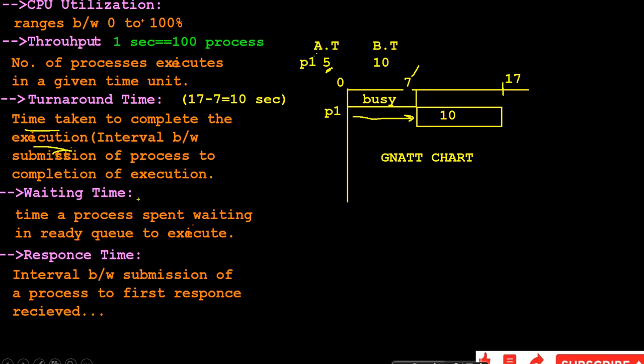Coming to waiting time, this is the time during which a process waits in the ready queue before execution, when it is not executing. In our example, it arrived at the 5th second, but it starts the execution at the 7th second. So it does not start executing at the 5th second; it waits until the 7th second and then starts.